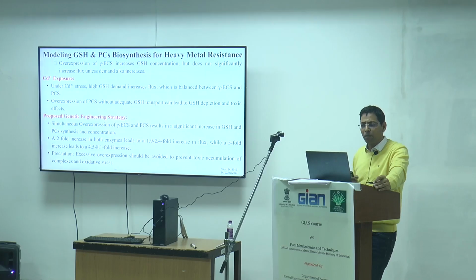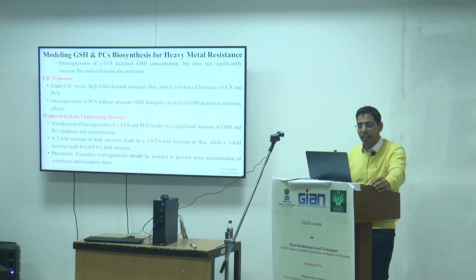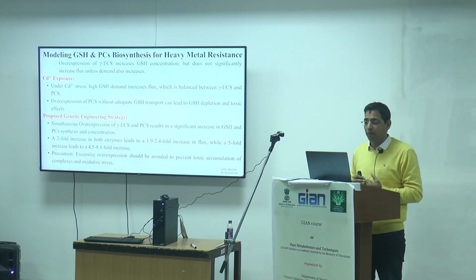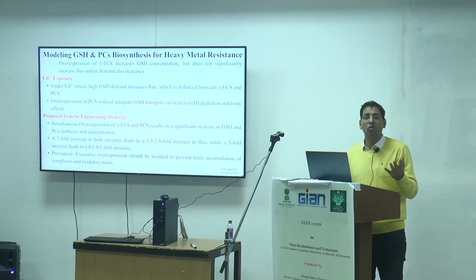So what is the purpose? We have to go simultaneously: overexpression of both enzymes results in a significant increase in the glutathione and the PC concentration. A twofold increase in both enzymes is enough to give a twofold increase in the flux. Previously it was 30%, now it is 60%.